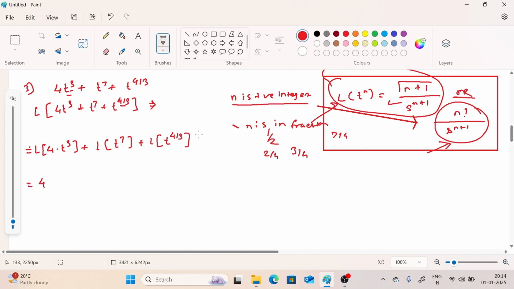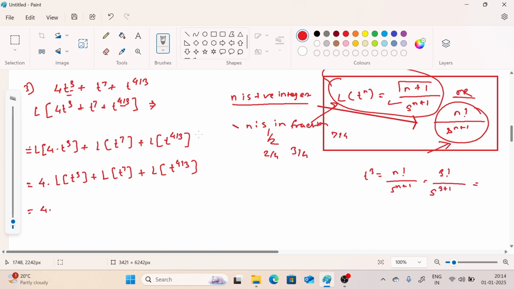Now I will keep 4 as a constant outside. 4 into Laplace of t raised to 3, because if we are using t raised to 3 then n factorial upon s raised to n plus 1 gives 3 factorial upon s raised to 3 plus 1, which is 3 factorial upon s raised to 4.